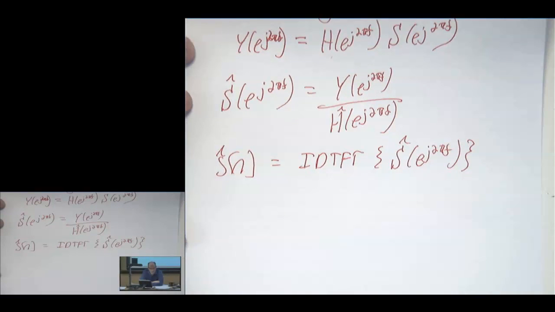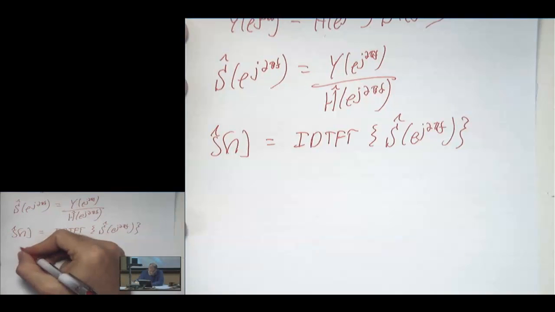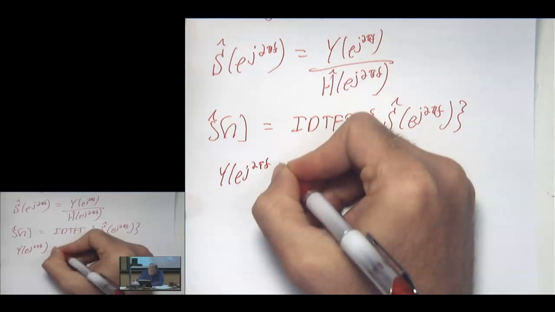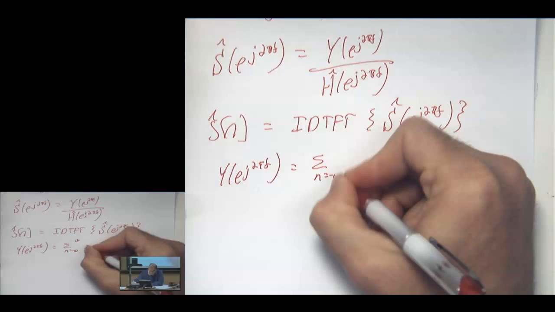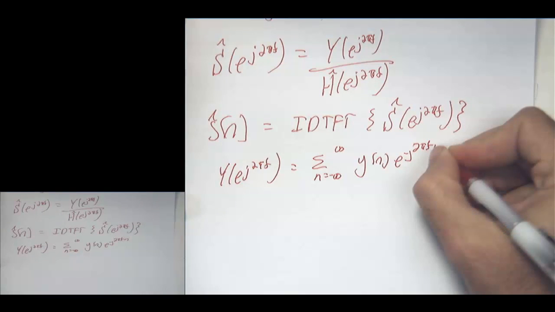And from a signal processing perspective, there's no reason that this doesn't work. The problem is that we have to go through and remember what all these different operations are. So think about what Y(e^{j2πf}) is here. That's the sum from minus infinity to infinity of y[n] e^{-j2πfn}.